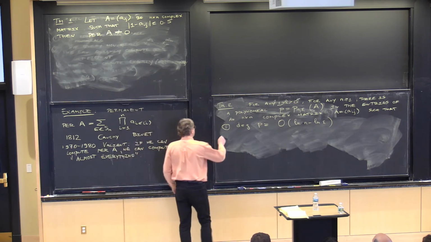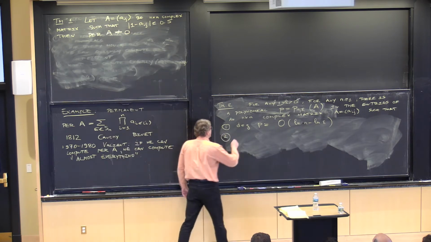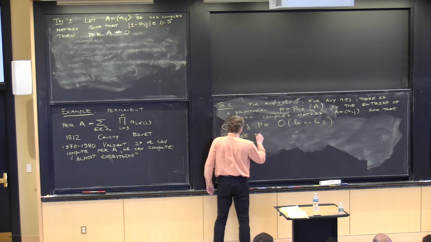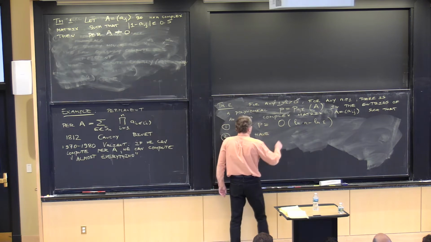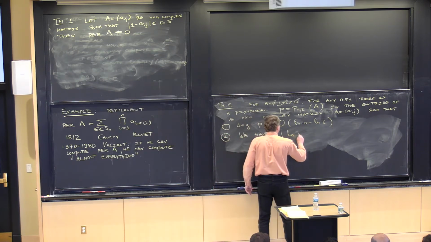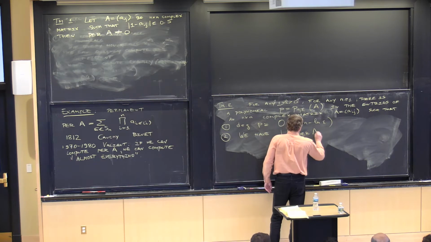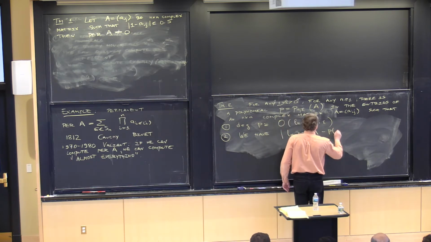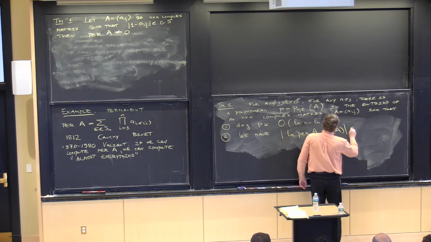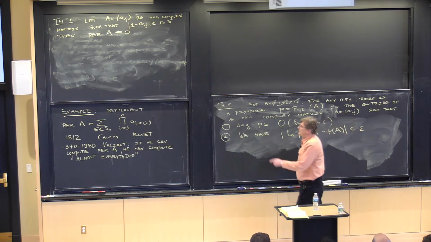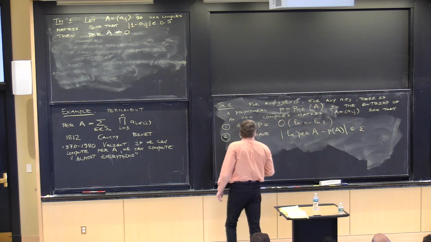And second, we have the log of the permanent of A approximated by this polynomial with an error epsilon, provided a slightly tighter condition is met.